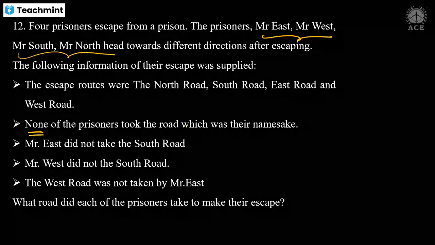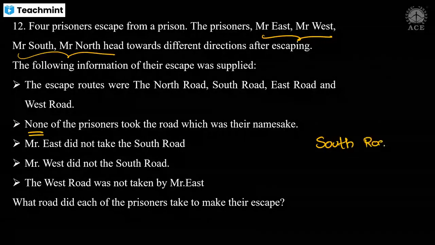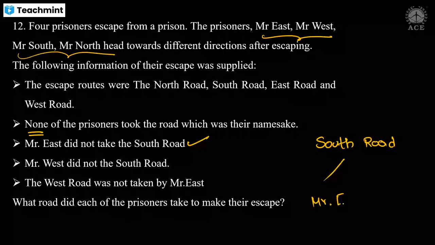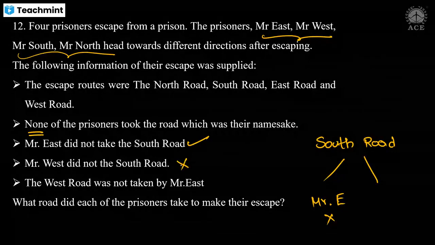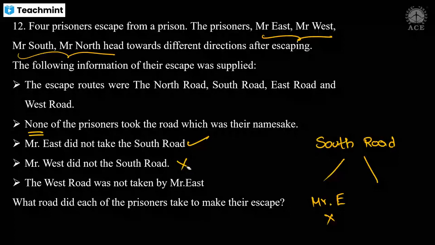So Mr. East did not take the south road. Mr. West is not on the south road. See, who is not following the south road, as per the question? Mr. East is not going with the south road. Mr. West also is not following the south road.